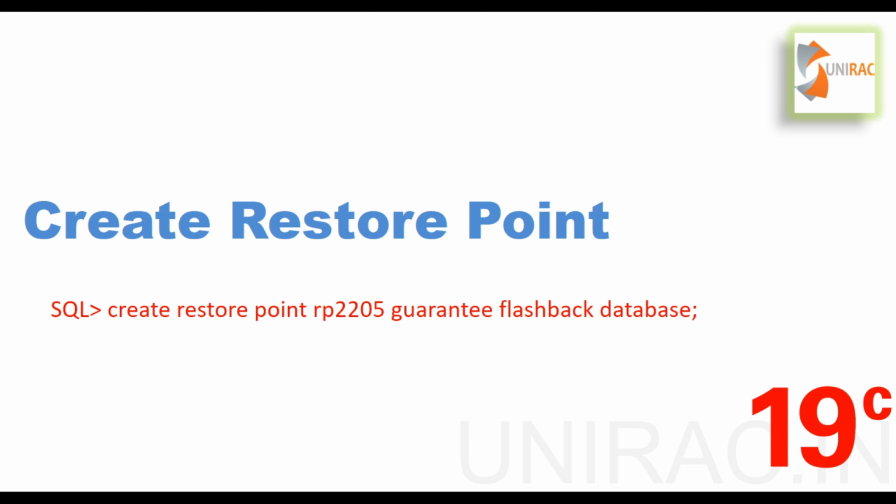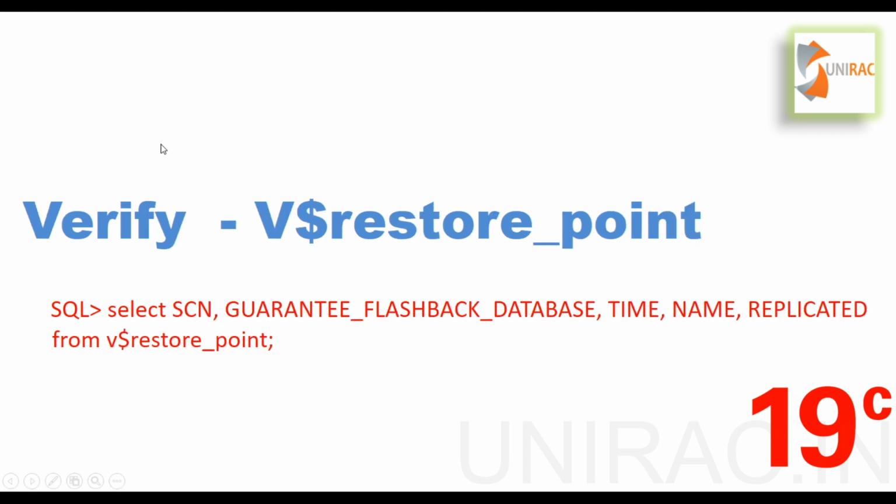It's much faster than RMAN without any backup. It uses the flashback logs in your flash recovery area, so we need to protect those logs for this recovery. We can also find what restore points have been created, with what names, from v$restore_point.